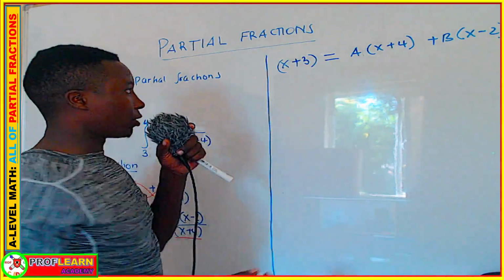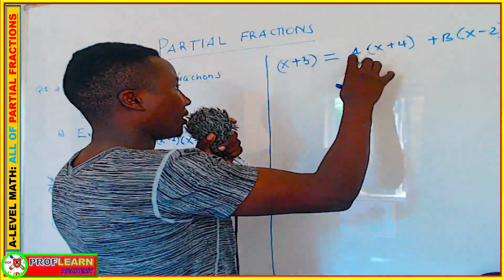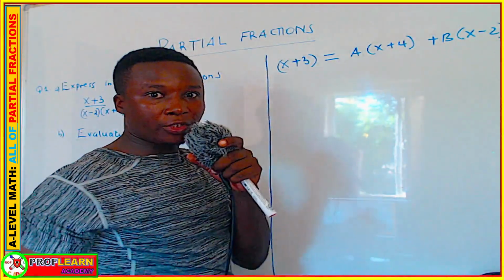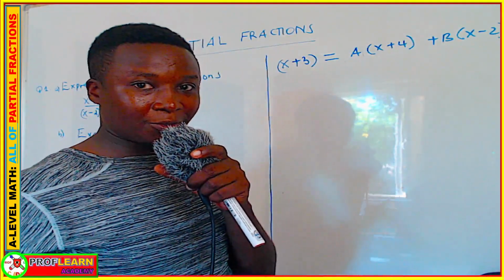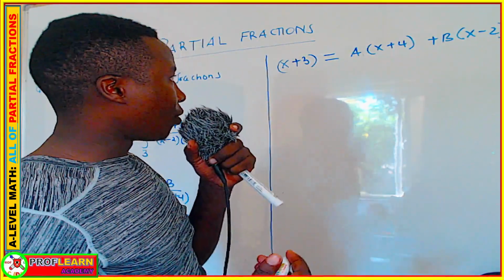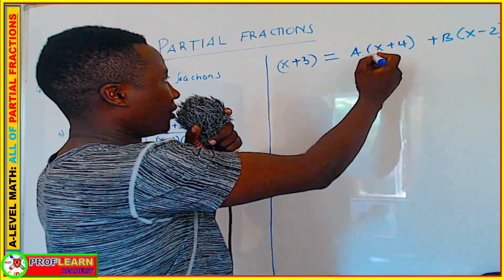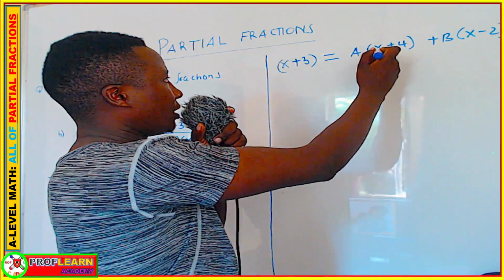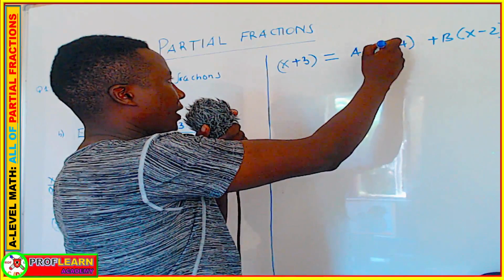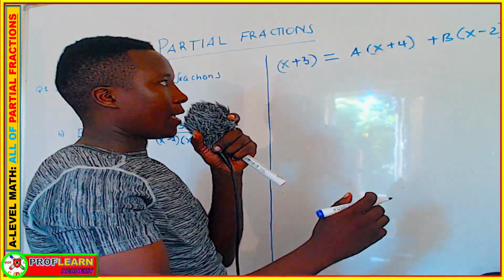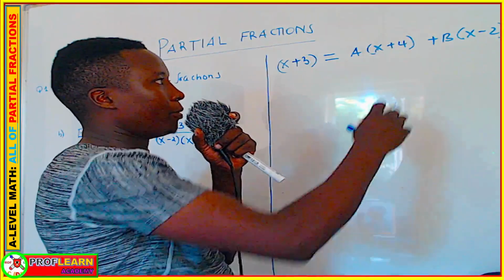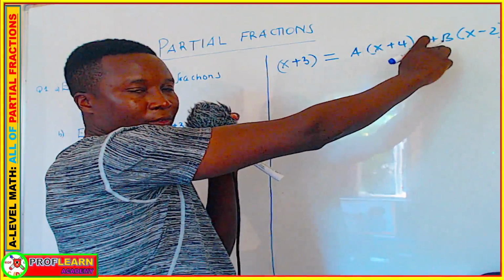The approach we're going to use is to find these constants a and b. In order to find them, you are expected to decide, looking at the first bracket, which value x should take in order for this term to be 0, and in that way we can find the value of b.